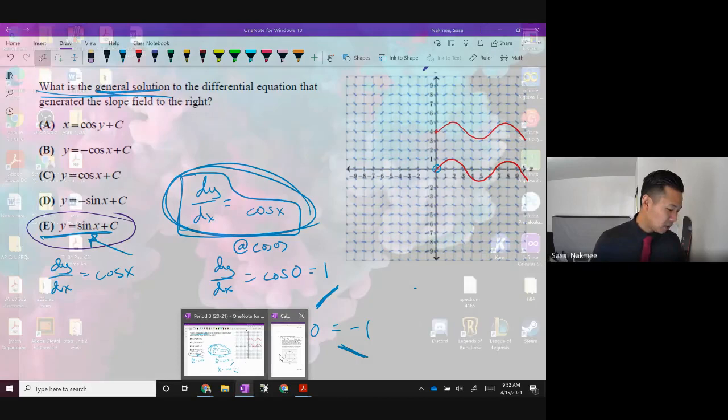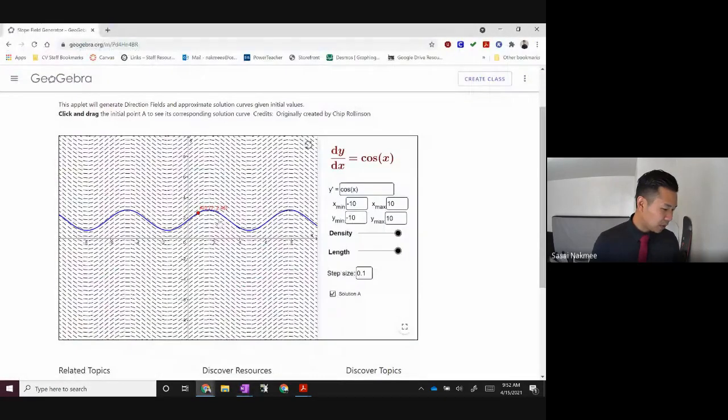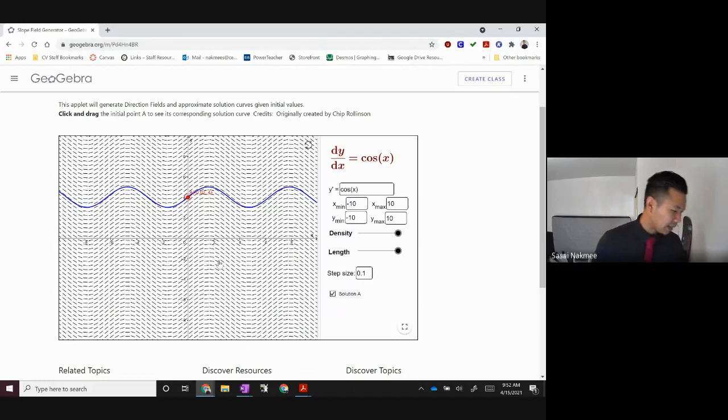Let me show you what I mean. Check this out. Here's one particular solution, and they give you a dot here that you can move to whichever initial condition you want. In this particular case, let's say the initial condition was at 0. I can't actually get 0 here because it's such a small graph, but 0, 4. Pretend that that's exactly 0, 4. So you can see the sine function is now just up here. No matter where I move this, it's just me moving it along the slope field.